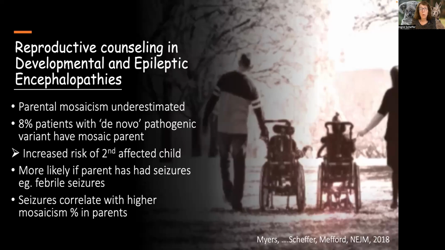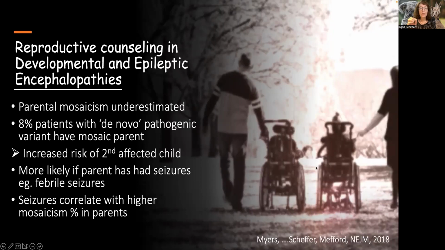So speaking more broadly, reproductive counselling in the developmental and epileptic encephalopathies is essential. And this is because the frequency of parental mosaicism has been underestimated. We found that in 8% of 120 trios, the child had a parent who was actually mosaic, and this would significantly increase their risk of having a second affected child, as you can see in this family here.